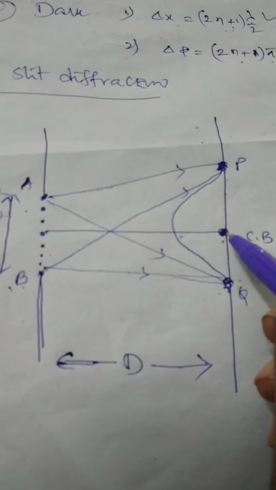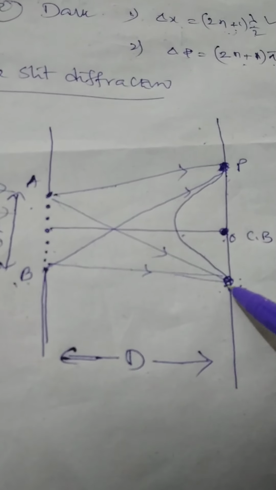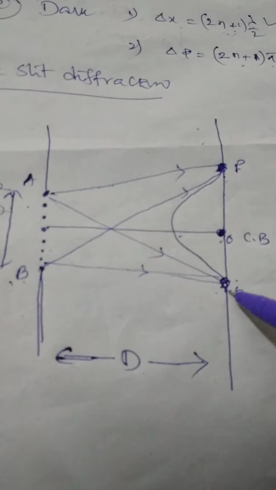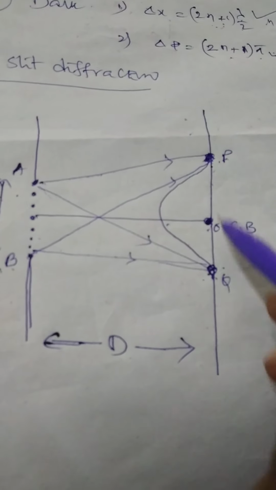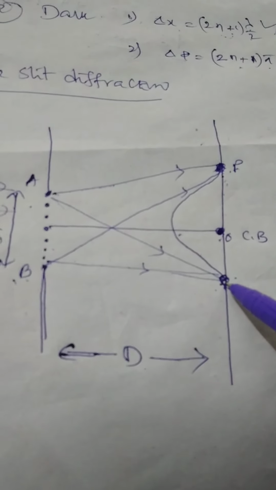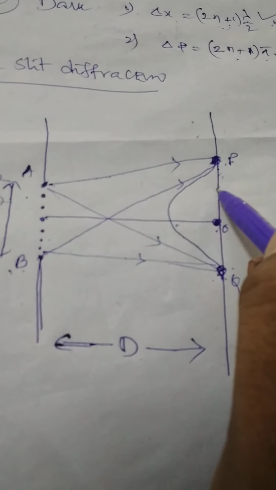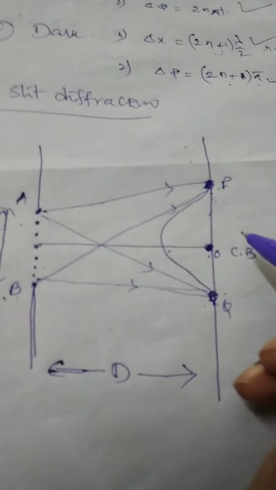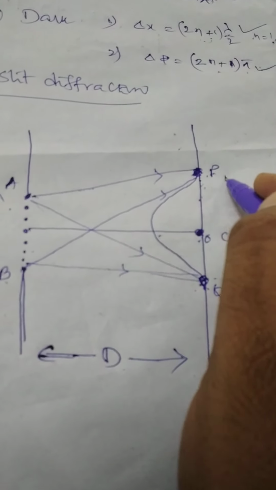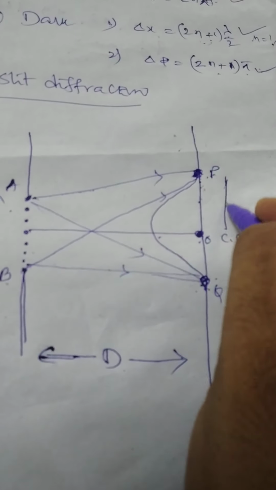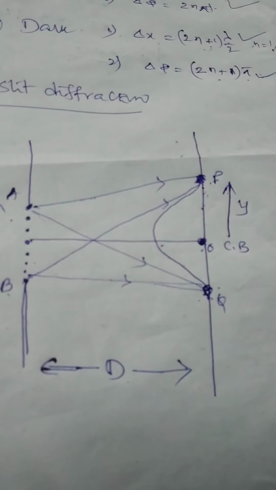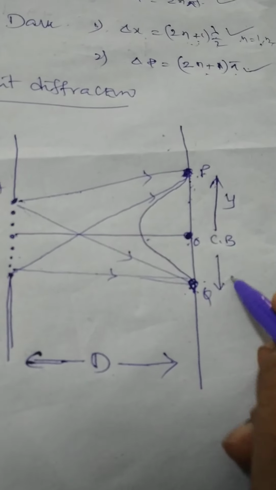At O the intensity is maximum, and at P and Q the intensity is minimum. So the linear distance on the screen between P and Q is the linear width of the central maxima. This is called the central maximum. Let the distance of the central maxima on one side be y, and this is also y.